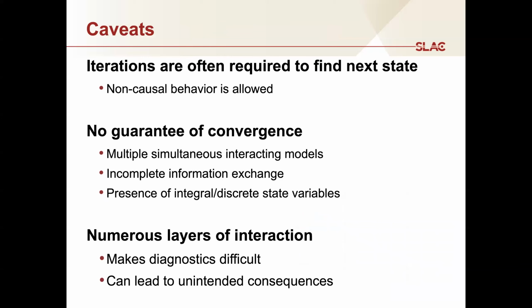There are some caveats. It is not unusual that we have to do iterations to find the next state. And because of that, it's certainly possible to implement non-causal behavior. In other words, the solution requires a condition A and not A simultaneously. For example, that would cause problems. Or the solution depends on information that is not yet available in reality, but because of the way the model is implemented, it's available instantaneously.